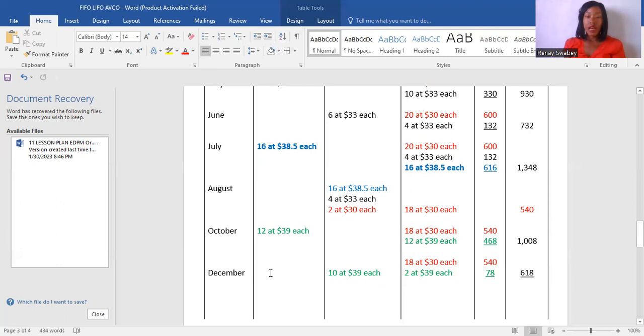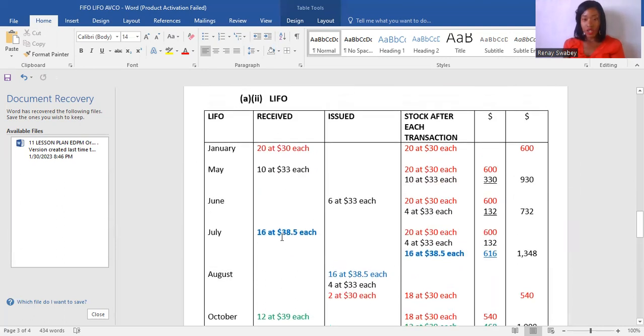In December, Selena did not purchase any goods again. Once again, she didn't purchase anything. However, in December, the last goods that she purchased in October, notice she didn't sell from the one that she purchased in July. See, nothing was sold in July from these iPhones that were purchased until August. She sold them. Then we moved to May.